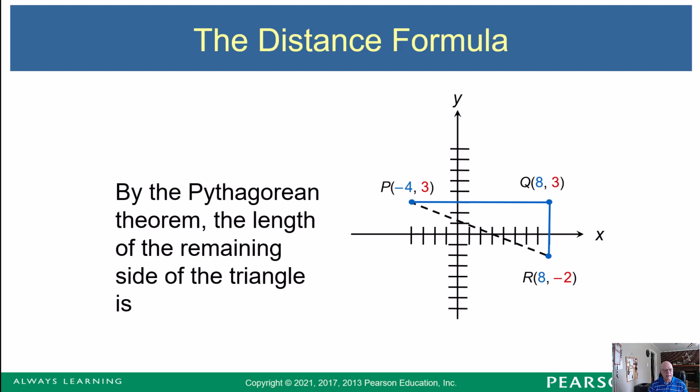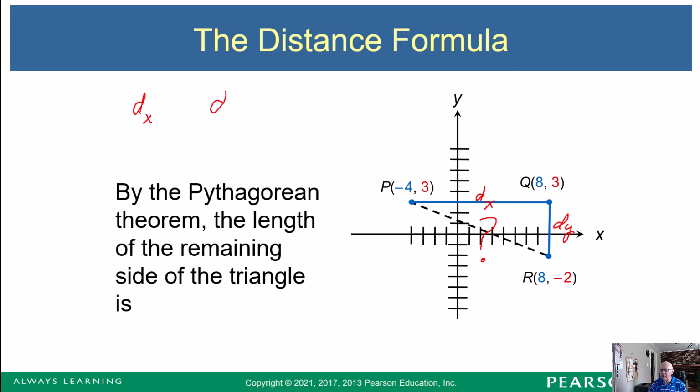Now the Pythagorean theorem helps us find out what that missing side of the triangle is. Subtracting the x coordinates will give us this distance right here, the distance for the x coordinates. Over here we can get the distance for the y coordinates, but what about this? Well, the Pythagorean theorem helps us here.